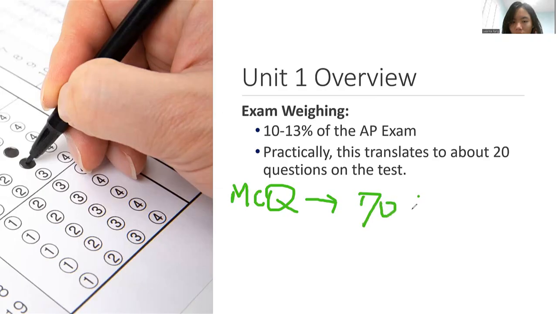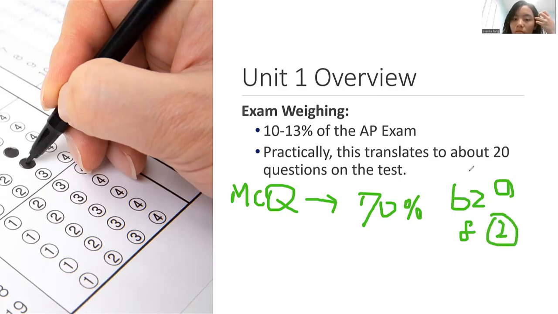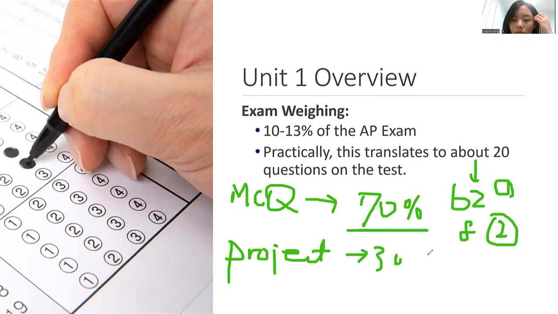Usually they give you 70 questions, maybe 62 single-choice problems and 8 pick-two problems. Each problem gives you 1 point, and together they make up 70% of your final score. Then you have a project you need to work on, worth 30%.